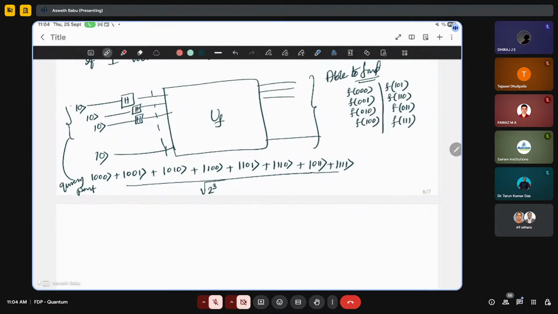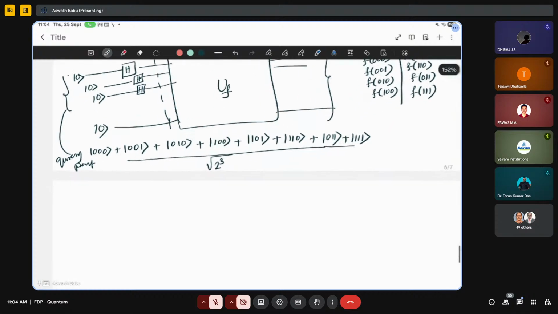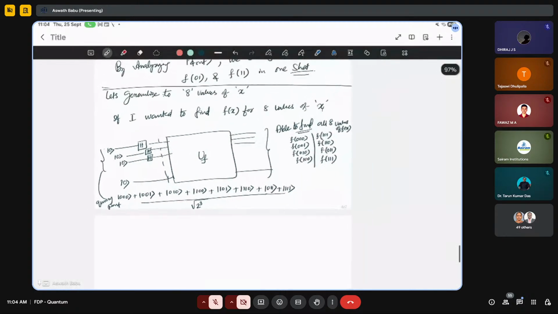So you're able to find all 8 values of f(x) by analyzing. So this is a generalization for a 3-qubit system. Sorry, a generalization for 8 values.